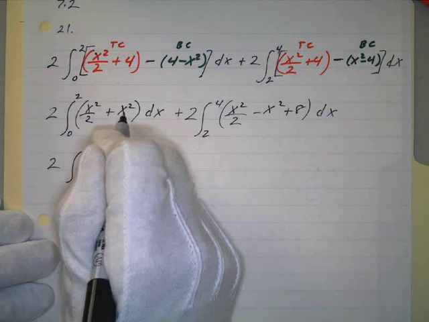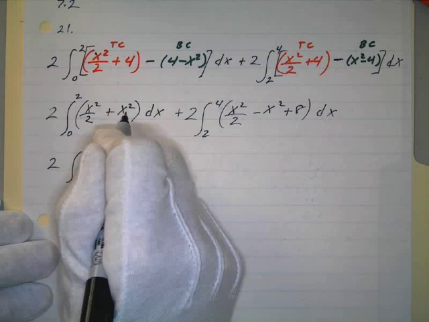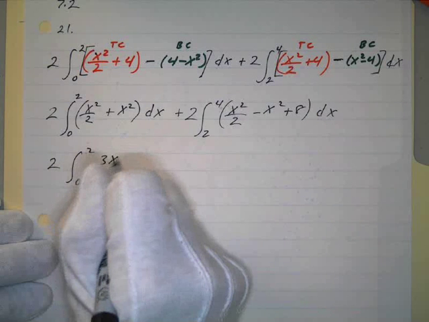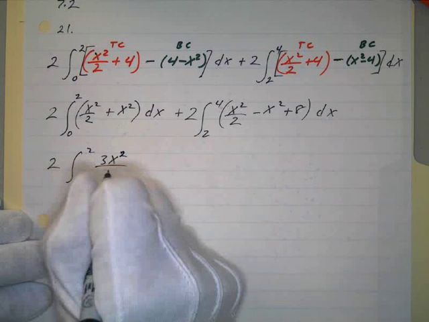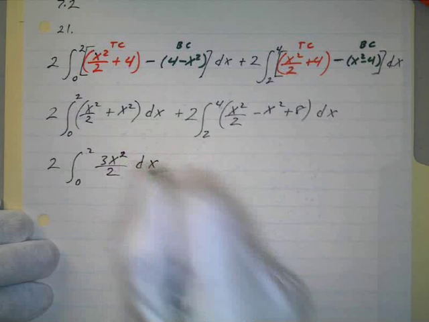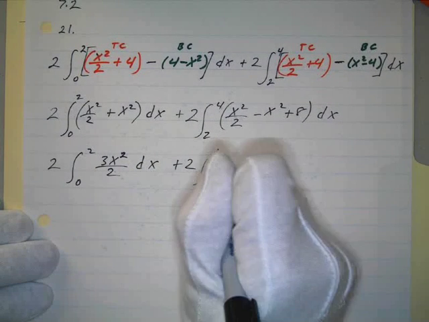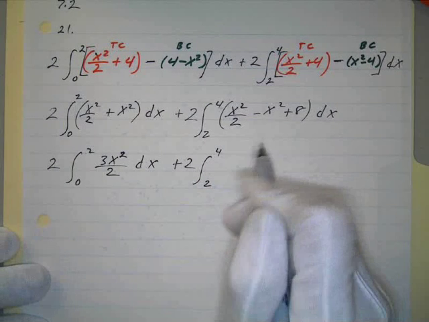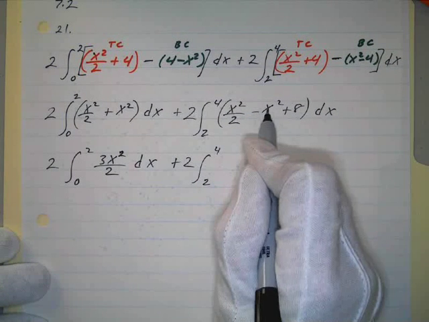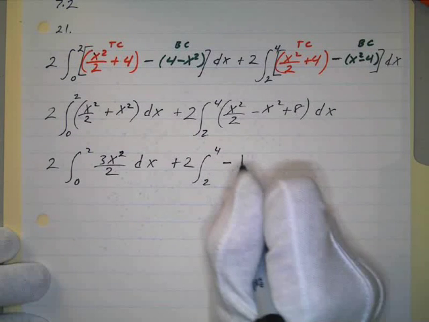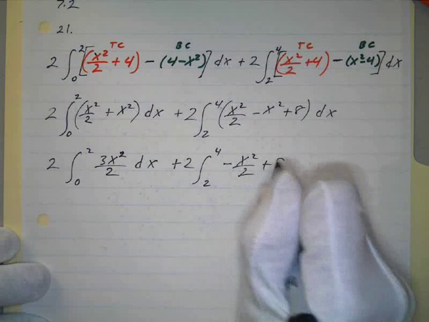And this would be 2x squared over 2 plus x squared over 2, which gives me 3x squared over 2. So now I got one term. That's nice. Okay, and then this is going to be negative 2x squared over 2, so it's going to end up with a negative x squared over 2 plus 8.